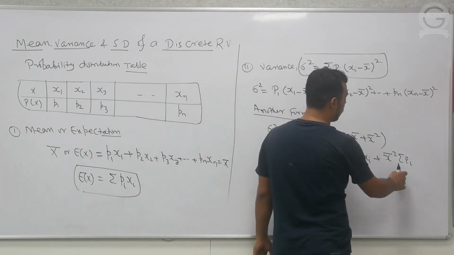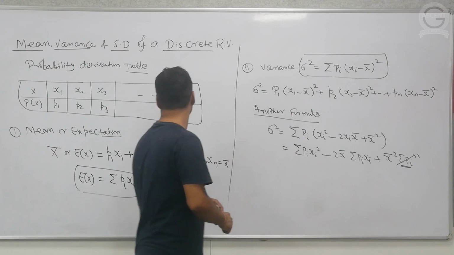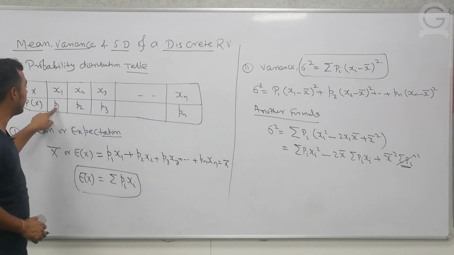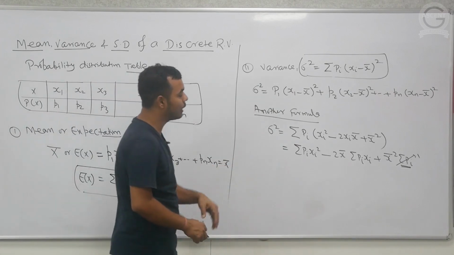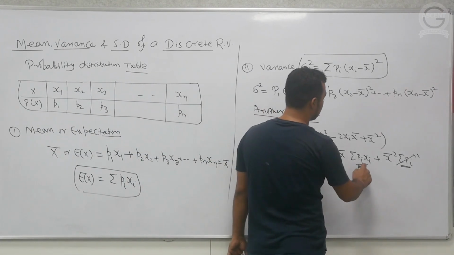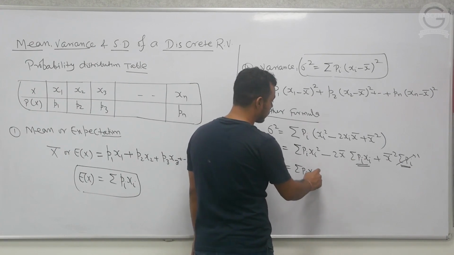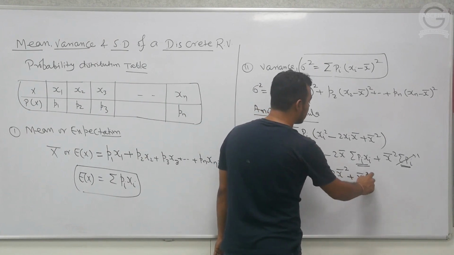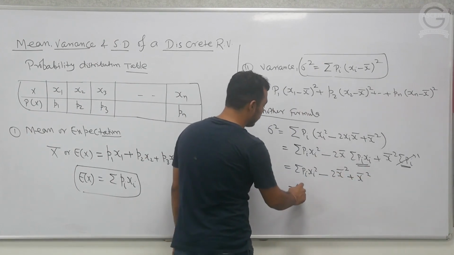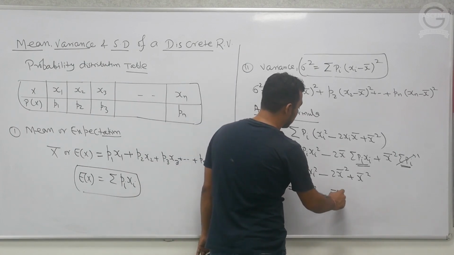Now we know that the sum of all the probabilities, summation pi, is nothing but 1. We have seen this in our earlier discussion: if I add all the probabilities p1 plus p2 plus p3 up to pn, I get 1. And summation pi xi is nothing but the mean. So you will get summation pi xi square minus 2 x bar times x bar, which is the mean, so x bar square, plus this x bar square. Finally you get summation pi xi square minus x bar square.